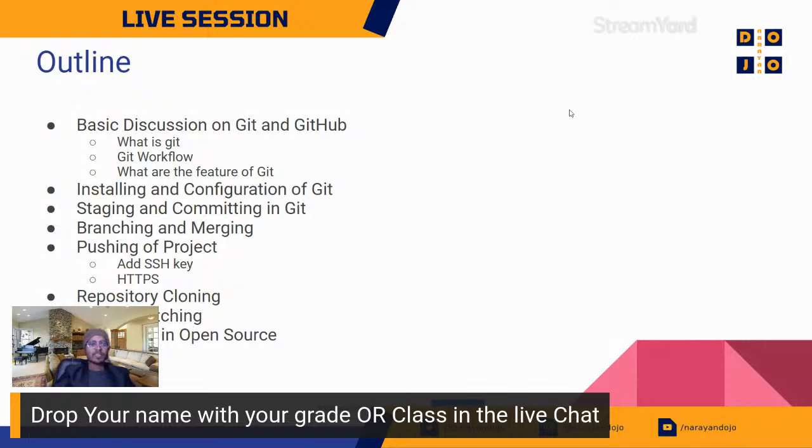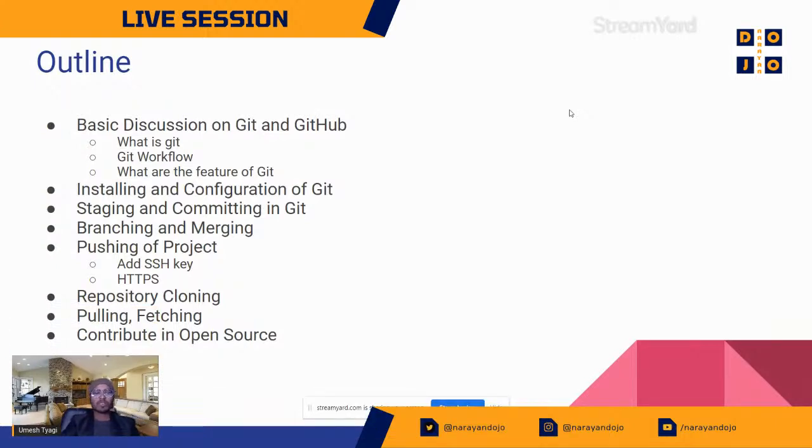These are the outlines that we are going to cover in today's session on Narando's YouTube channel. First we will cover a basic discussion on Git and GitHub: what is Git, what the Git workflow is, and what the features of Git are.